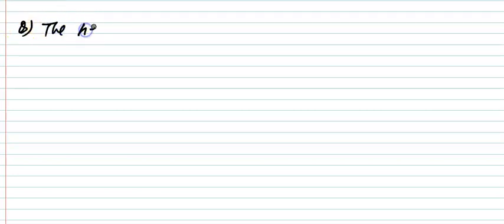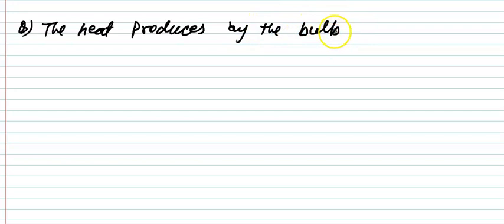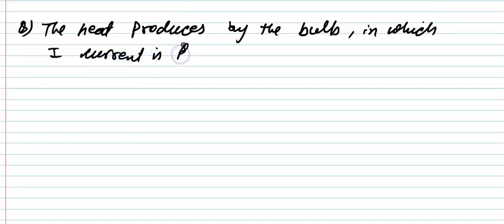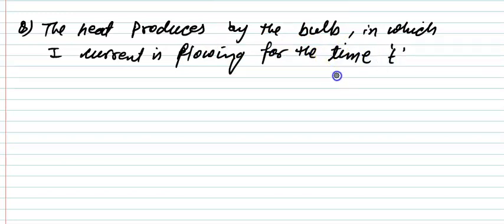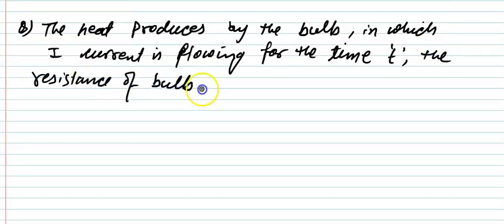The heat produced by the bulb, in which current I is flowing for the time t. The resistance of the bulb is R.